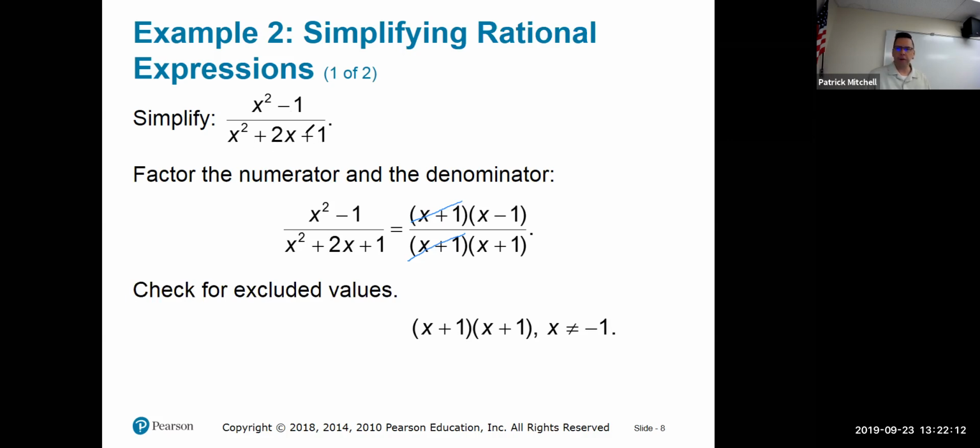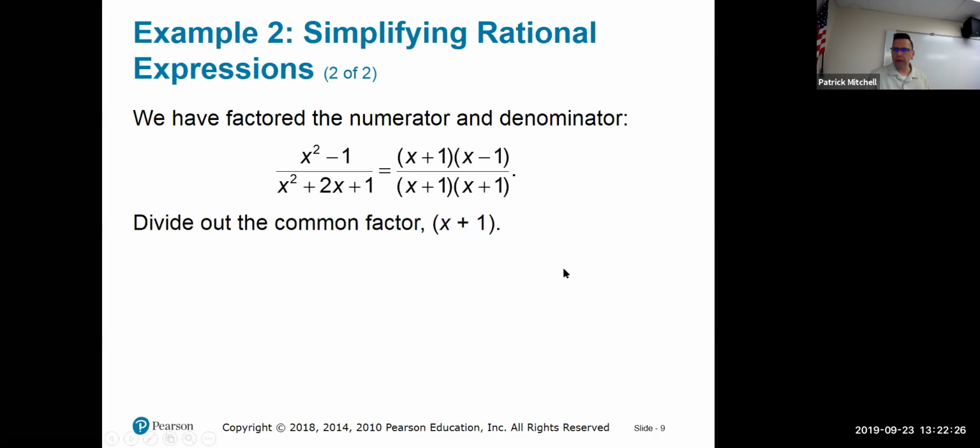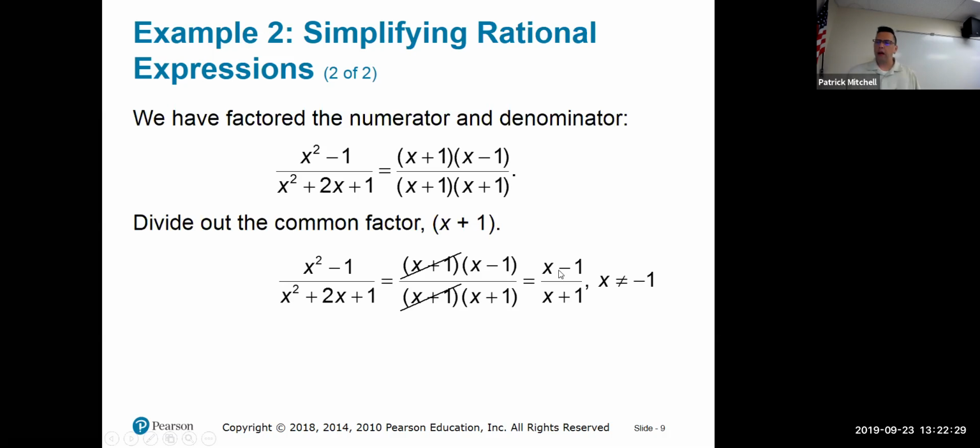But when I simplify this down to x plus 1, x minus 1, and then I get rid of the x plus 1, it simplifies down to x minus 1 over x plus 1. And they have included mentioning this excluded value.